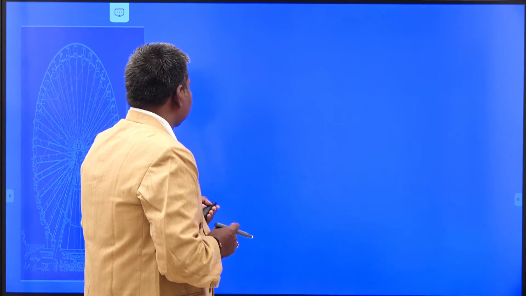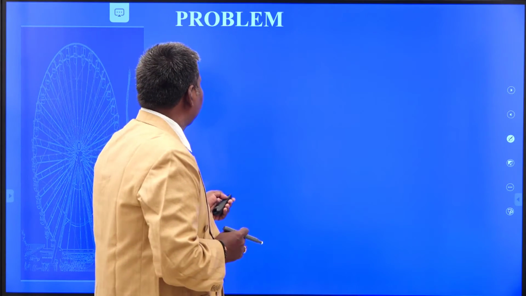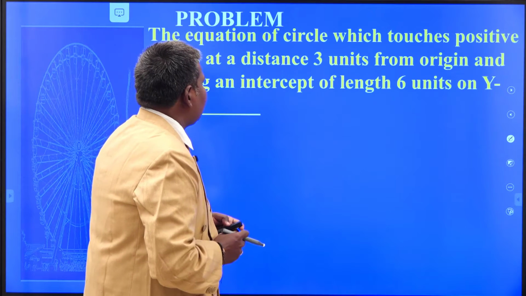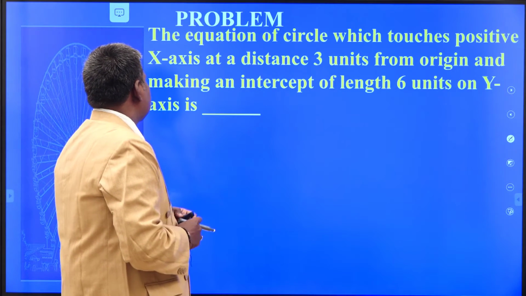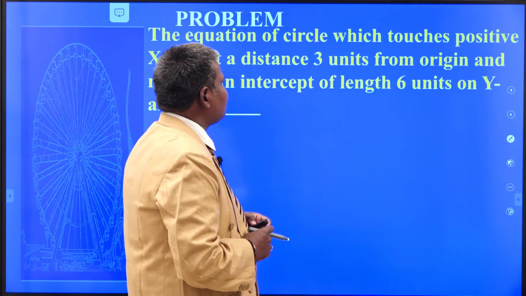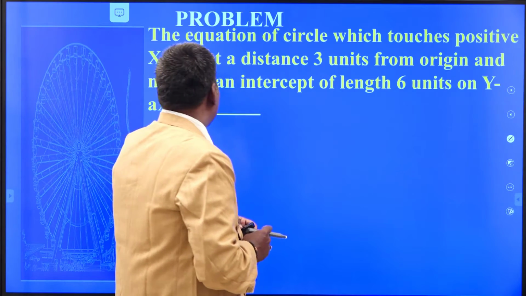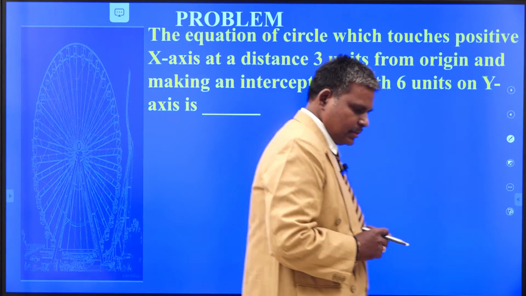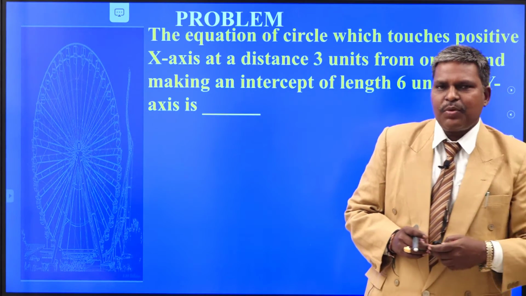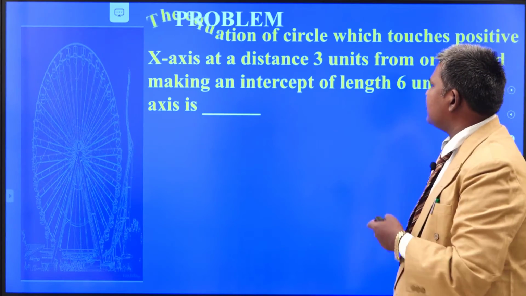Now, let us see one problem. The equation of a circle which touches the positive x-axis at a distance 3 units from the origin and making an intercept of length 6 units on the y-axis. With the help of the above concepts, let us see the small problem. This is the question.